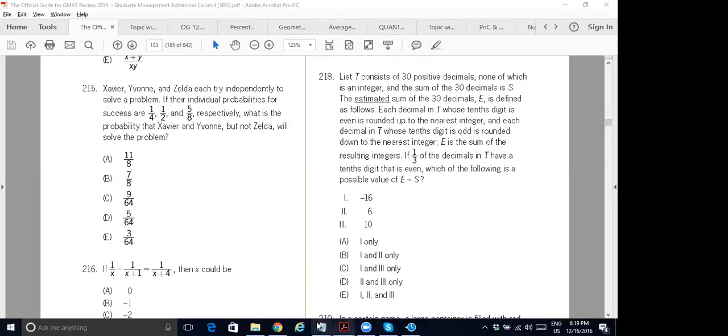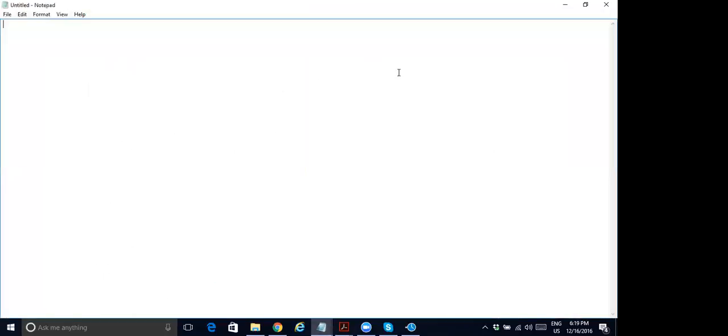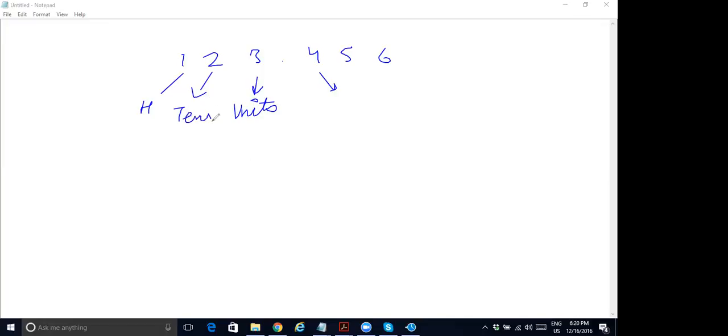Sorry, so the tenth digit is, so it'll be 0.20. Units place, tens, hundreds, and after the decimal, tenths, hundredths.